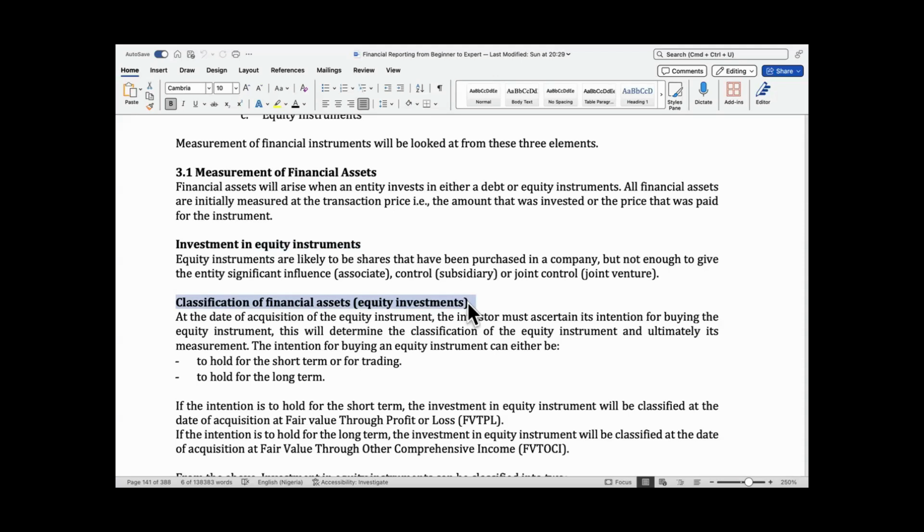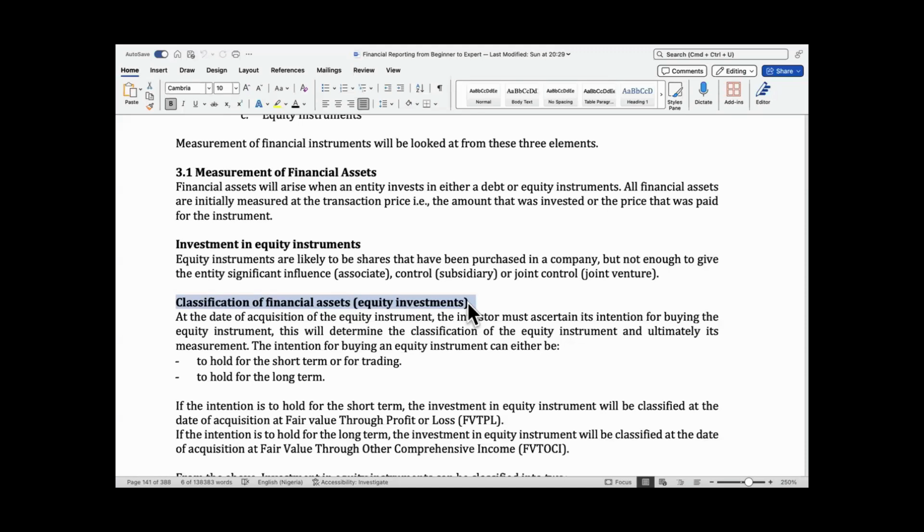If you have land and building that you are using for administrative purposes, that one is PPE. But if you have land and building that you hold for rentals or capital appreciation, we say that one is investment property. So intention for buying would make an asset have different treatments.